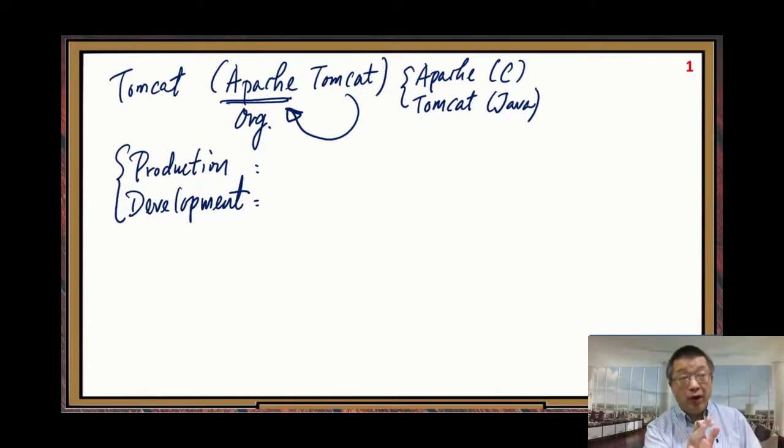For the production way, the requirements are much stronger than those for the development server. Because for the production server, you need the server to be very robust, very hard to crash. You don't want the server to crash easily.